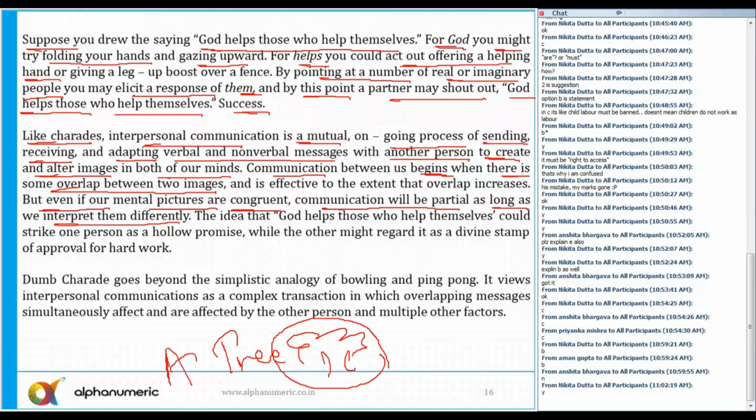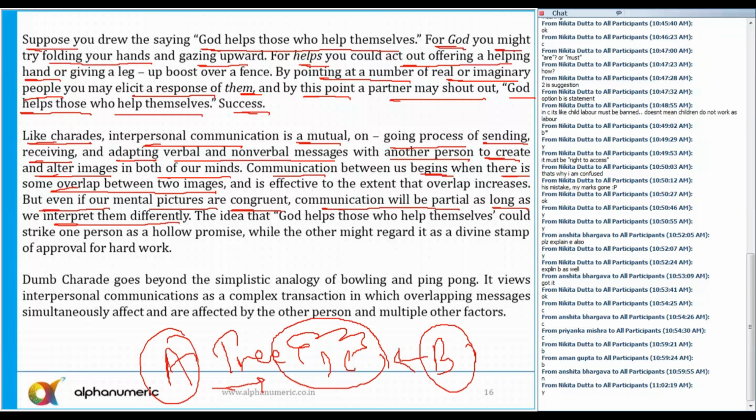So if A and B both have the same picture of tree, but A is looking at tree as a life giver and B is looking at tree as a source of wood. So A is trying to communicate that we should conserve tree, and the message B is getting is that we can get wood from the tree, so we need to cut the tree.